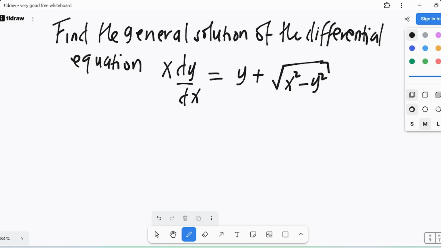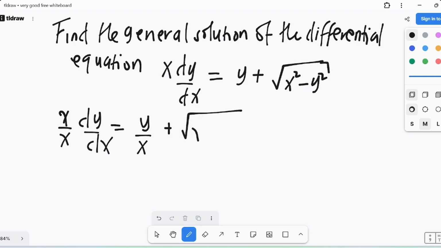So we have x out of x dy by dx is equal to y out of x plus the square root of x square minus y square over x.